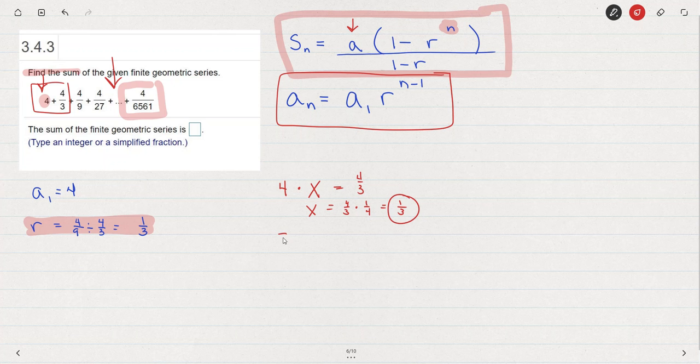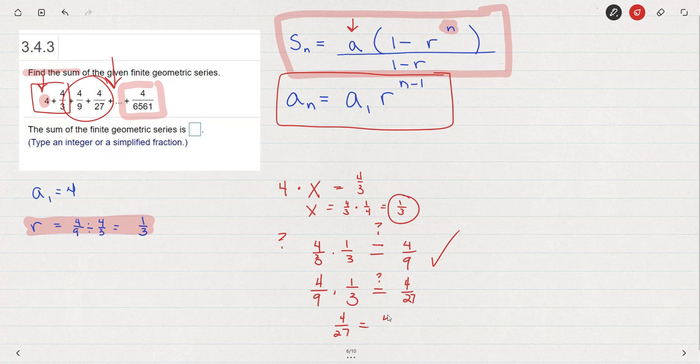Then we could use that 1/3 to check. Is 4/3 times 1/3 giving us the next term? You find that yes, it does work. You could try this with the 4/9 and the 4/27. If I multiply 4/9 times 1/3, do I get the 4/27? Well, let's try it. 4 times 1 is 4. 9 times 3 is 27.